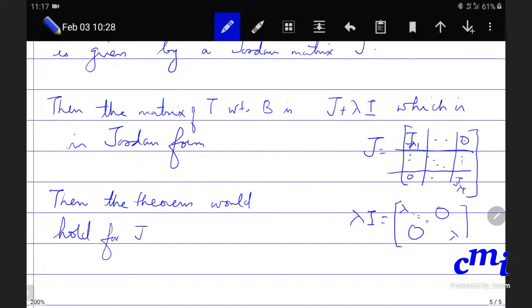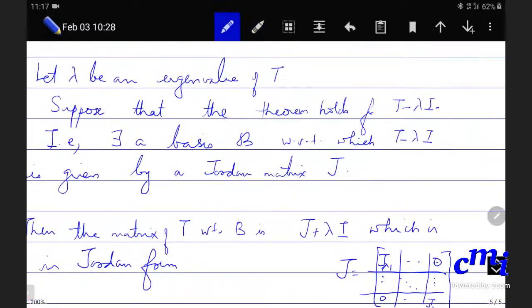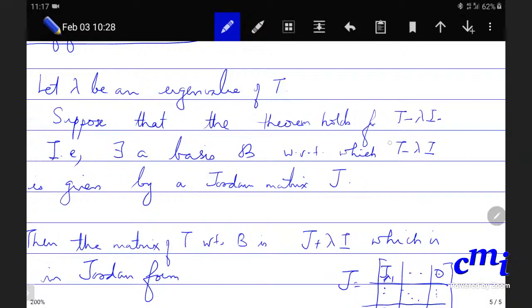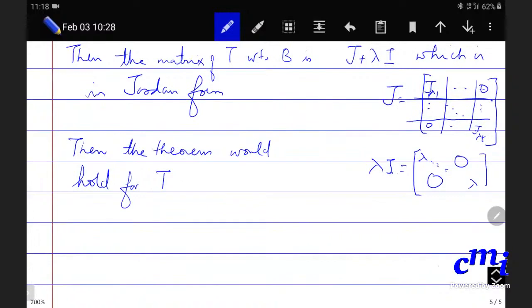And why did we do this? The reason is that it's enough to prove it for T minus lambda I, where lambda is an eigenvalue of T. We wanted to prove the theorem for T. We now concluded that if it holds for T minus lambda I for an eigenvalue lambda of T, then it also holds for T. And the advantage of doing this is 0 is an eigenvalue of T minus lambda I. In other words, T minus lambda I is not injective and it has a kernel.